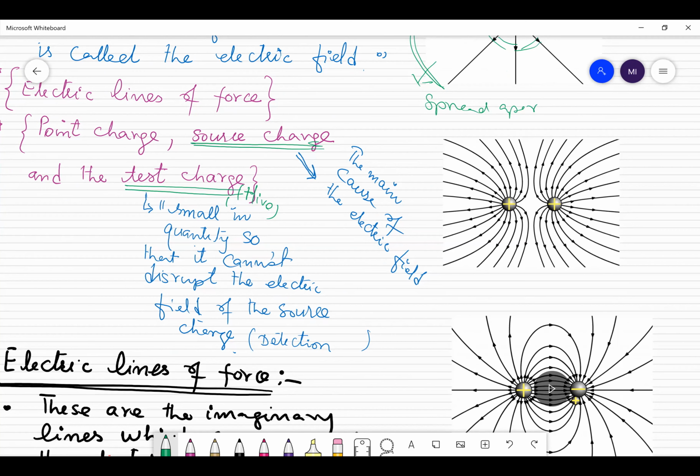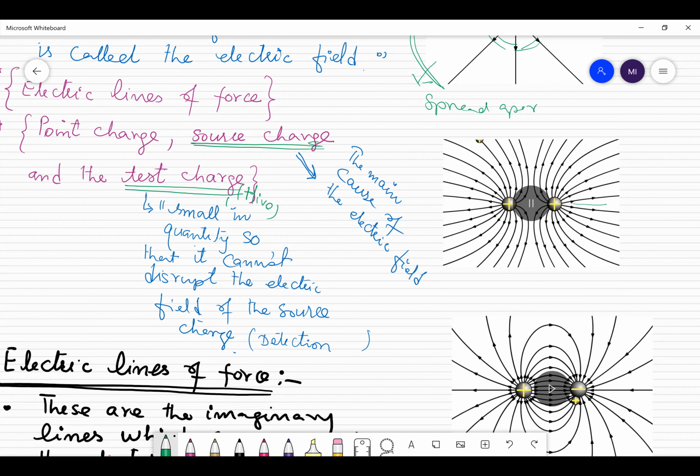So you see here in this demo, the electric field lines due to the positive charge, this is from the positive charge. Now the same happens here also. Now when you see the two electric field lines, they exert a force of repulsion on each other, as you see.